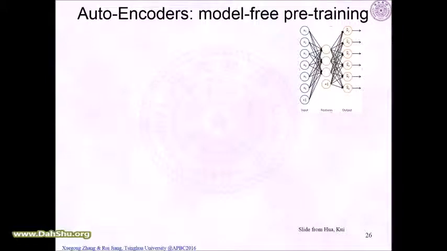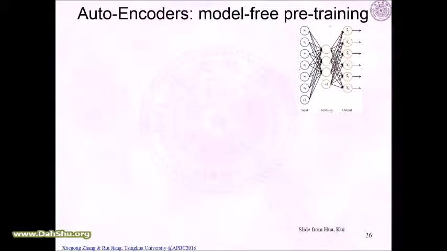But if we can succeed in doing this using a smaller number of hidden nodes, to reproduce the inputs with reasonable accuracy, we get a compressed representation of the original data, right? And hopefully this compressed representation captures the more important message. So this is the idea of the autoencoder.